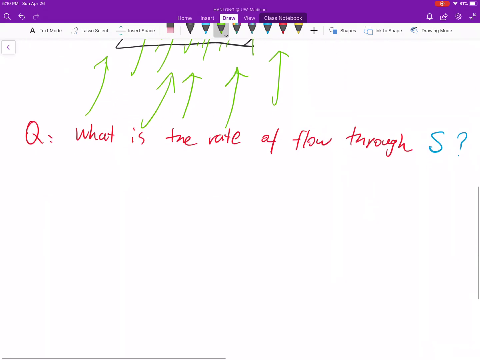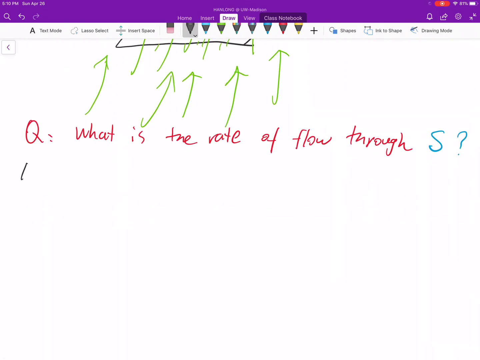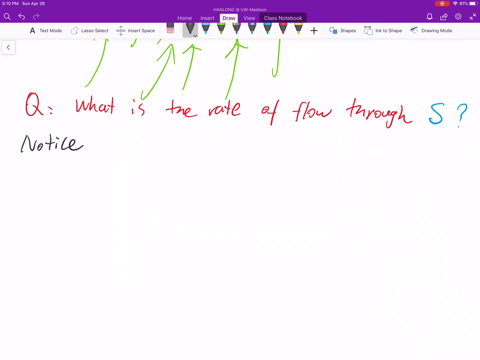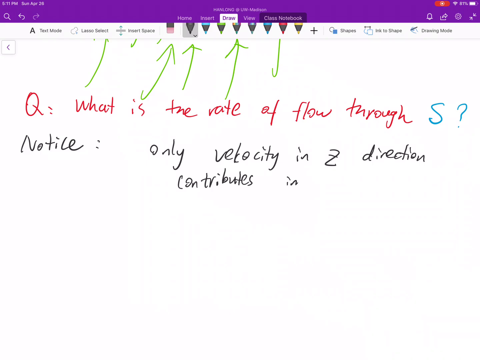Okay, and there's one crucial point that needs our attention. That is the following fact: only the velocity in the z direction contributes in the above situation or scenario.